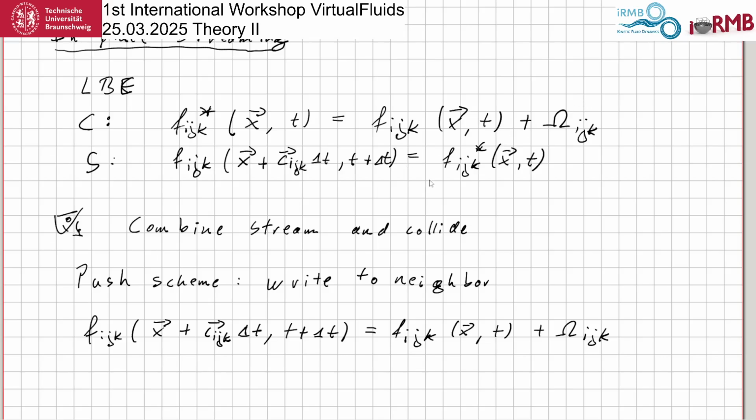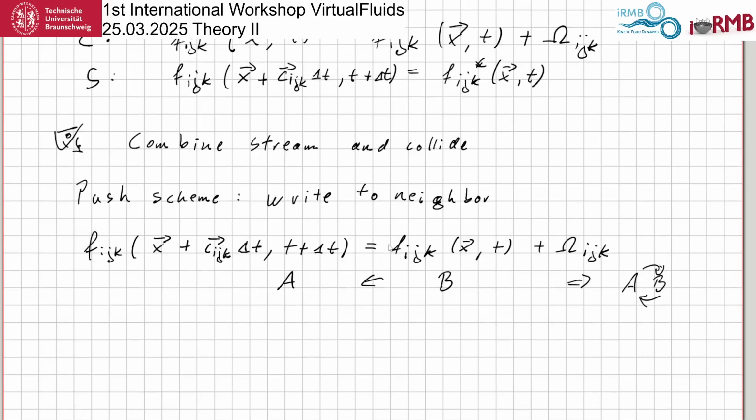This can be implemented by reading from an array B and writing this to an array A. After we've done this for everybody, we exchange A with B and B with A. This is how you can implement the Lattice-Boltzmann method.